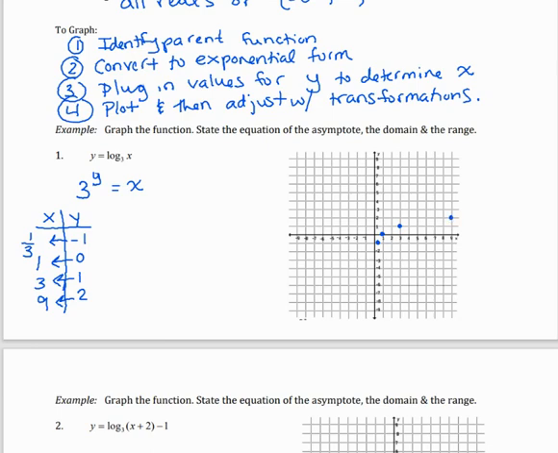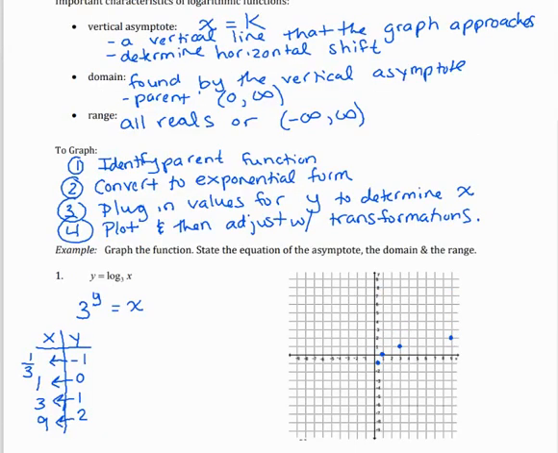Now remember, this is a parent graph. As I said above, for our parent graph here, my domain is going to be from 0 to infinity. What that means is that my vertical asymptote will be at 0. And as I said before, my range will be all real numbers.